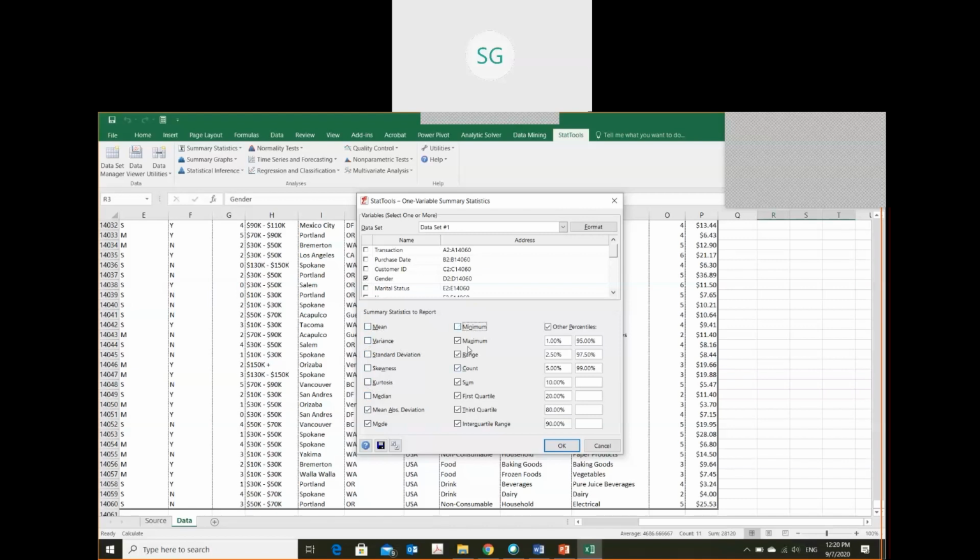With a categorical variable, we just need the count and sum of those variables. The rest of the measures only apply to numerical variables. So we just want to get the count and summation of the categories.